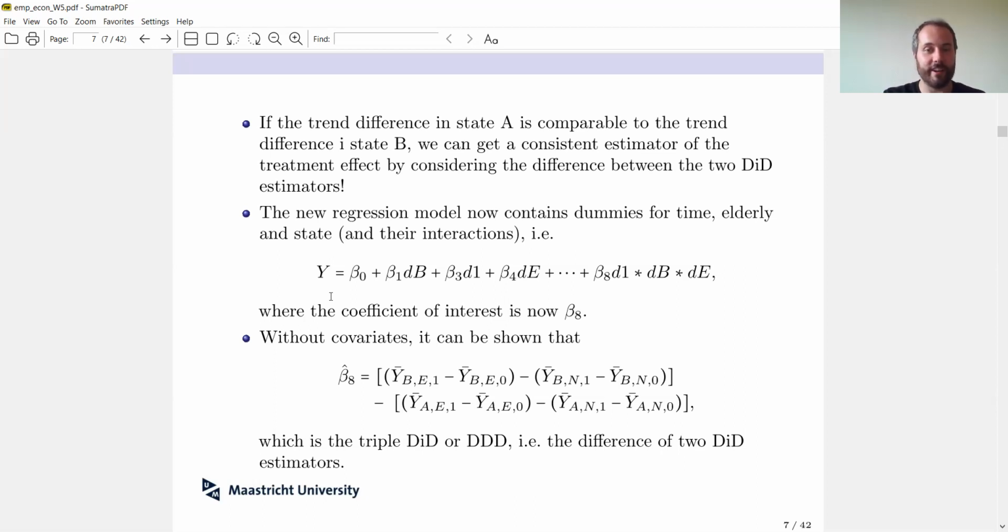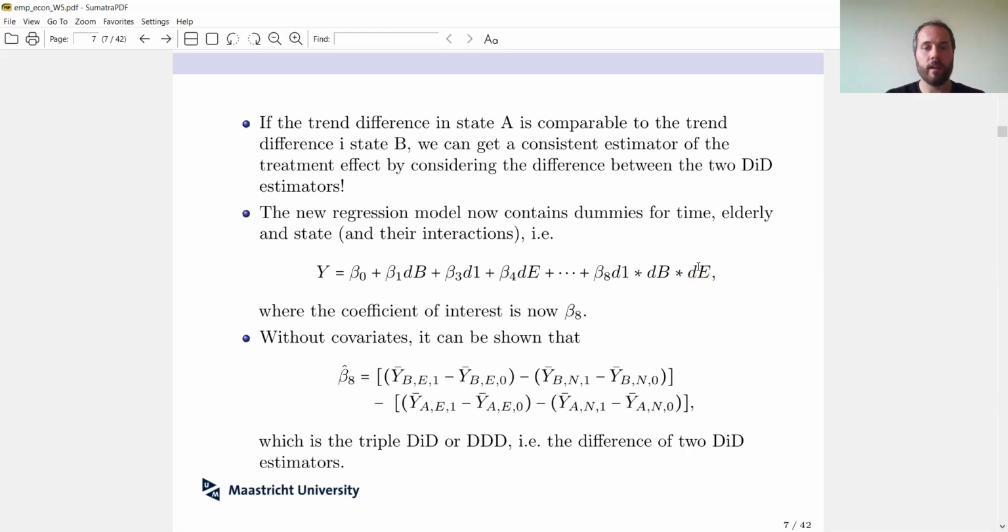This new regression model has to contain dummies for the state, for the time periods, for the group, and all the interactions. Then the final coefficient that we are interested in is this triple interaction. This is a dummy variable that is only one if we are in the post-treatment period, in the treated state, and in the treated group, the elderly group.